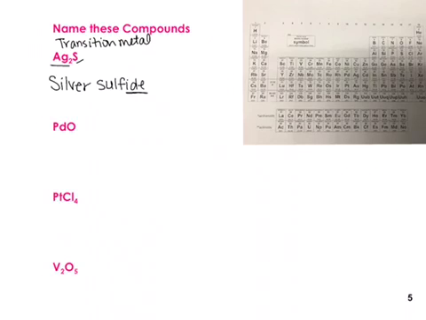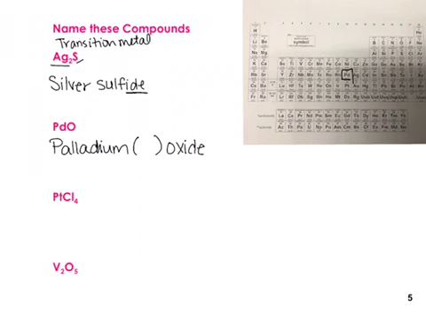So then we can move on to palladium oxide. So palladium. And palladium is here in the transition metals. And so you know that it's going to have a stock naming system. So we're going to have the parentheses that separate the two.